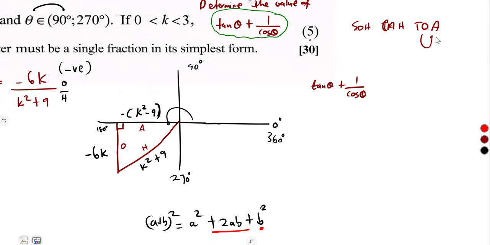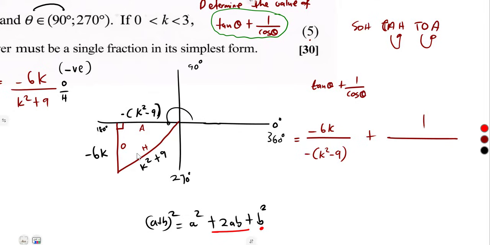So tan is opposite over adjacent. Opposite is minus 6k over the adjacent. Our adjacent is negative k squared minus 9. Plus 1 over cos theta, where cos is adjacent over hypotenuse.